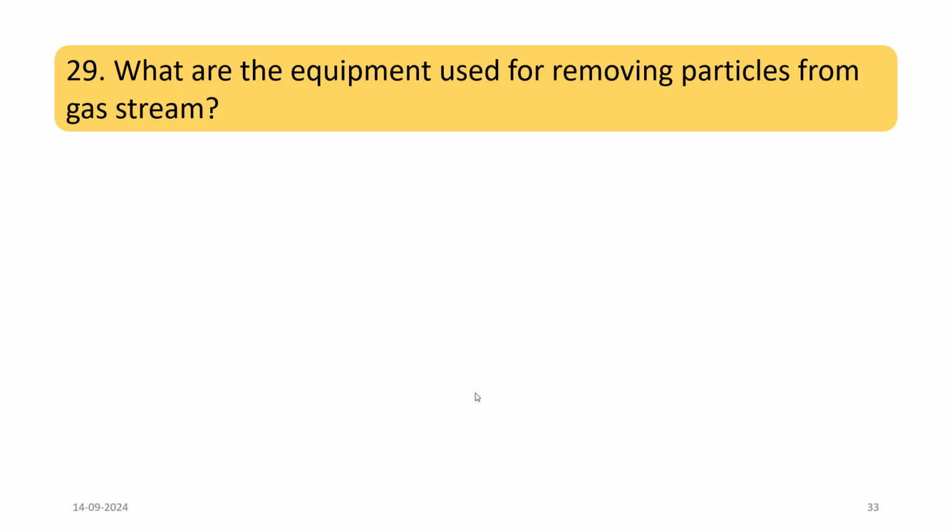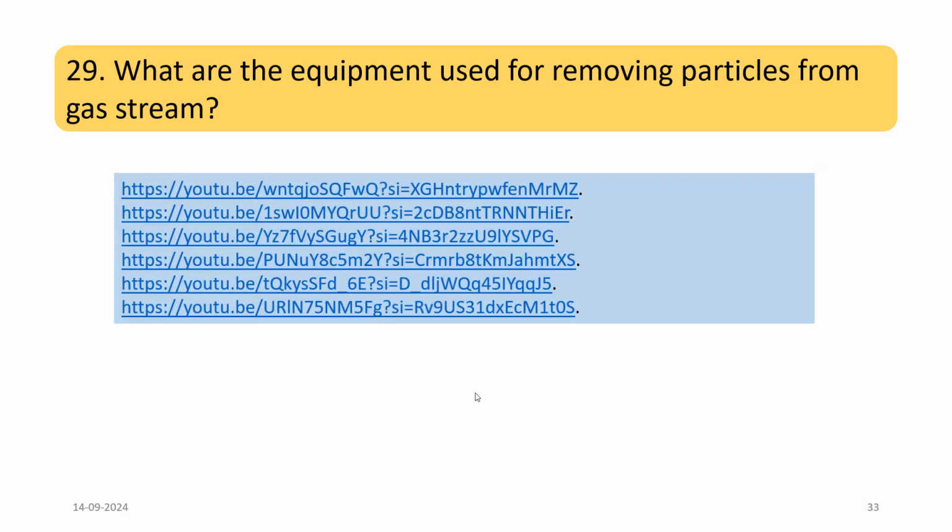Next, what are the equipment used for removing particles from a gas stream? There are different ones: settling chamber, gravity chamber, cyclone, electrostatic precipitator, filters, and wet scrubbers.